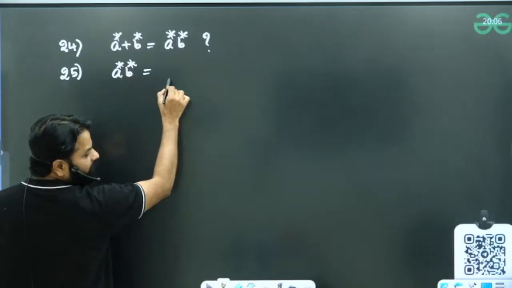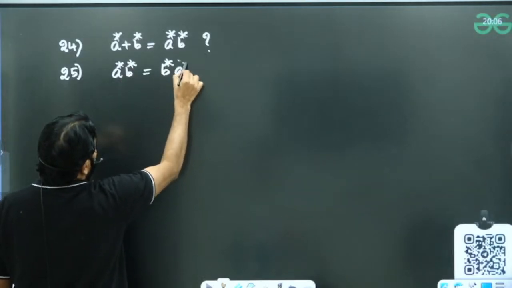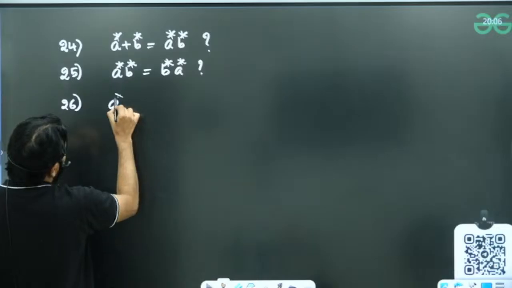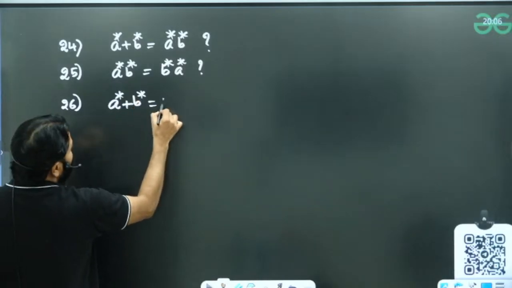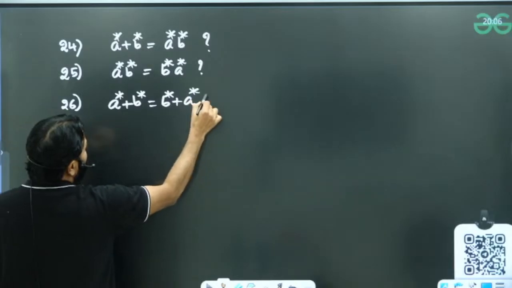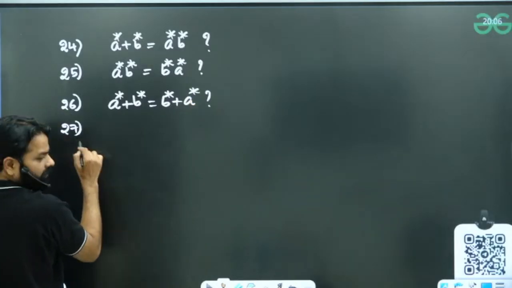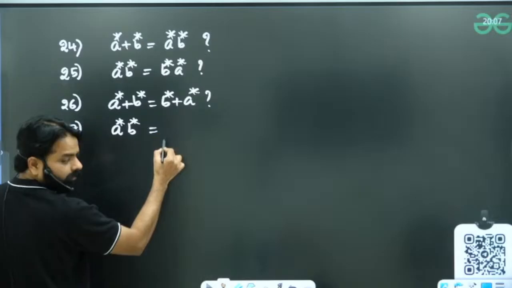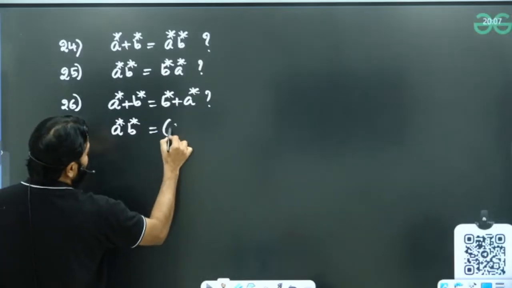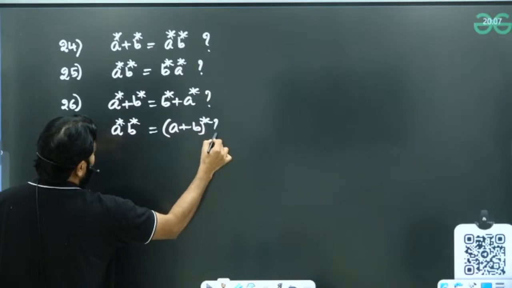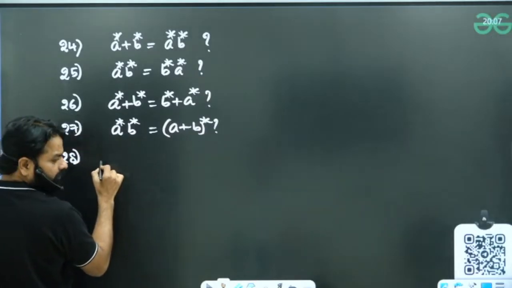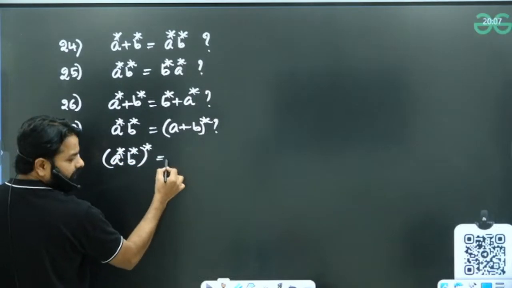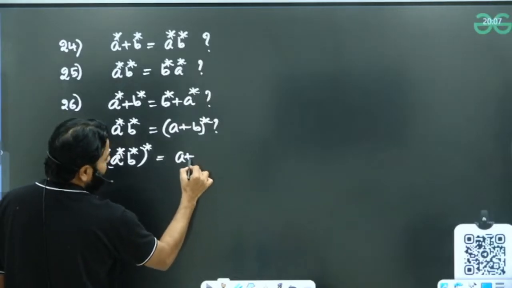Let's have a quick completion of this. 26: A star B star equal to B star plus. 27: A star B star equal to plus B. So can you answer in the chat what equalities are correct?